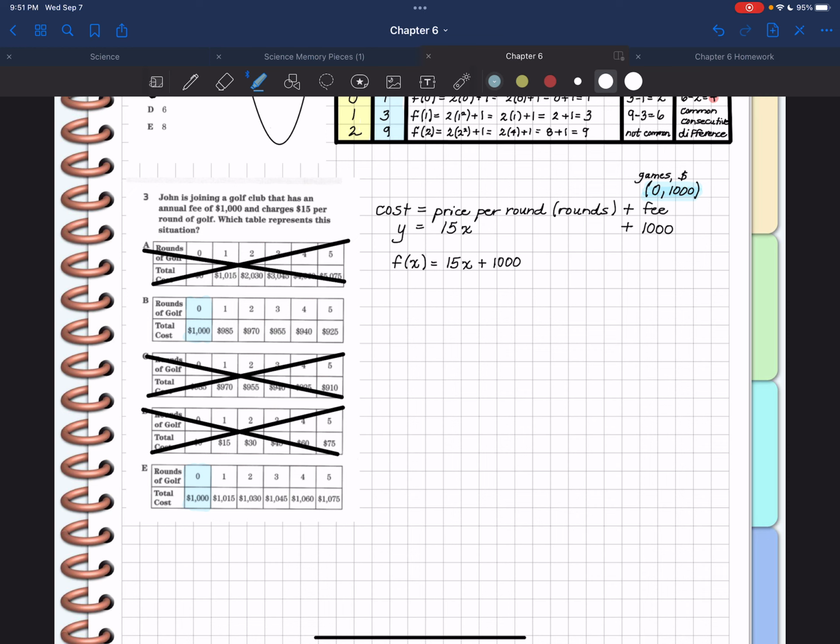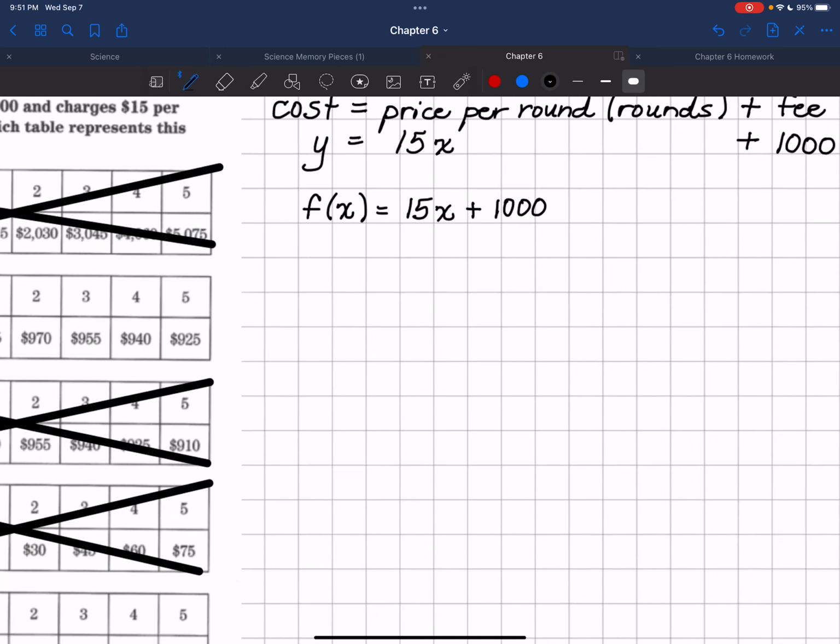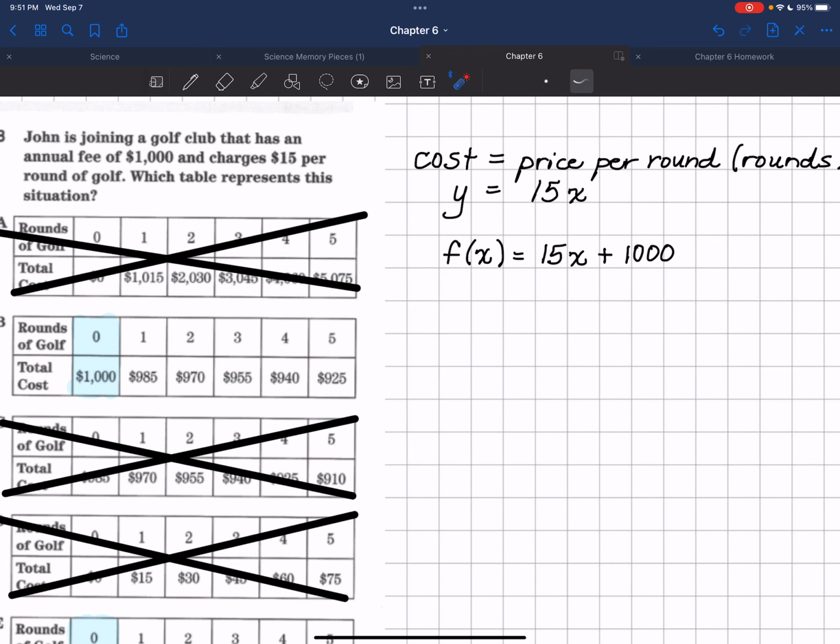So use those strategies and it will help. But we don't have to guess. I'm going to put in this value for x and y. So I'm going to put this in for x and that bottom one in for y and see if the equation proves to be true.